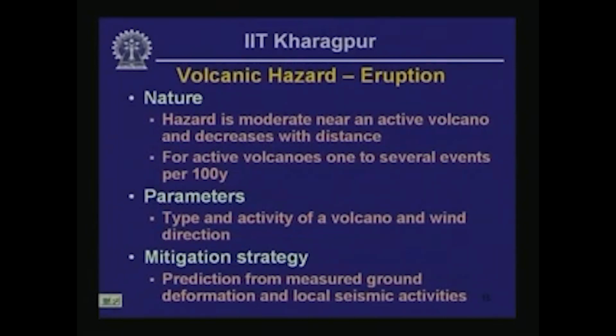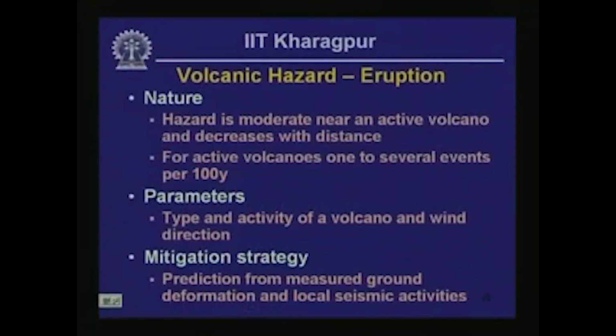So the nature of volcanic hazard associated with eruption is the following. The hazard is moderate near an active volcano and decreases with distance, and that is because the pyroclastic material falling near the volcano could be much larger in size than the pyroclastic material or tephra that is going to fall way out in the distance from the location of the volcanic eruption.